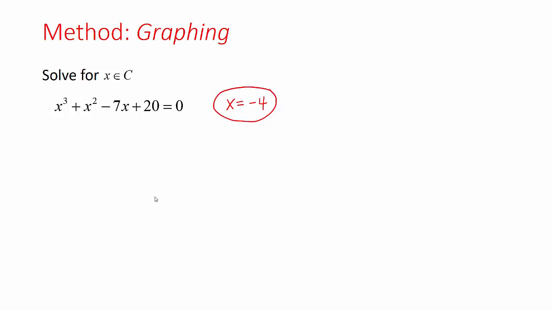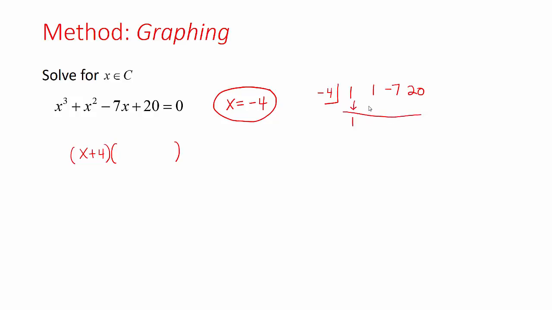I know that that's one of the solutions, which also means that x plus 4 must be one of the factors. Well, how am I going to find this other factor? That's where synthetic division comes in. So let's come over here and do some synthetic division. Negative 4, and the coefficients here are 1, 1, negative 7, and 20.